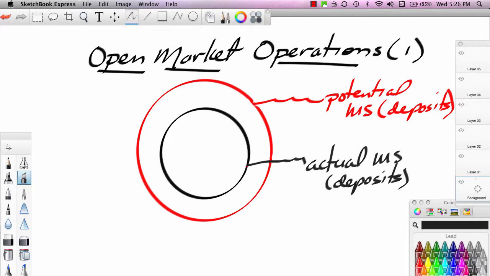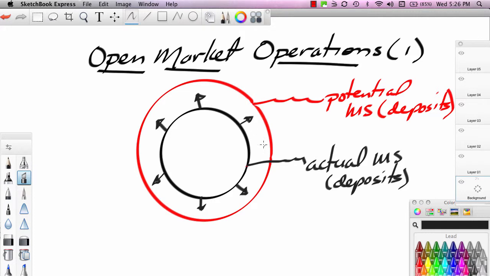Remember, deposits are money. In one of our earlier lessons, we learned that banks actually create deposits when they make loans. So when banks loan funds out of their excess reserves, the actual money supply moves closer to its potential.